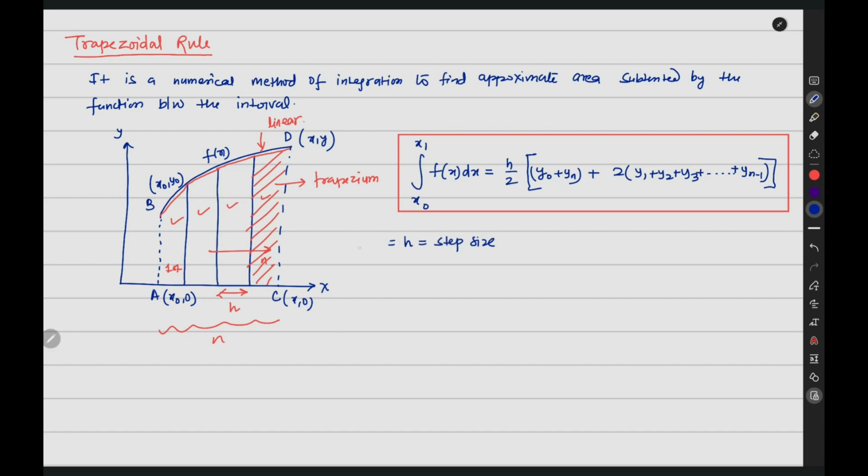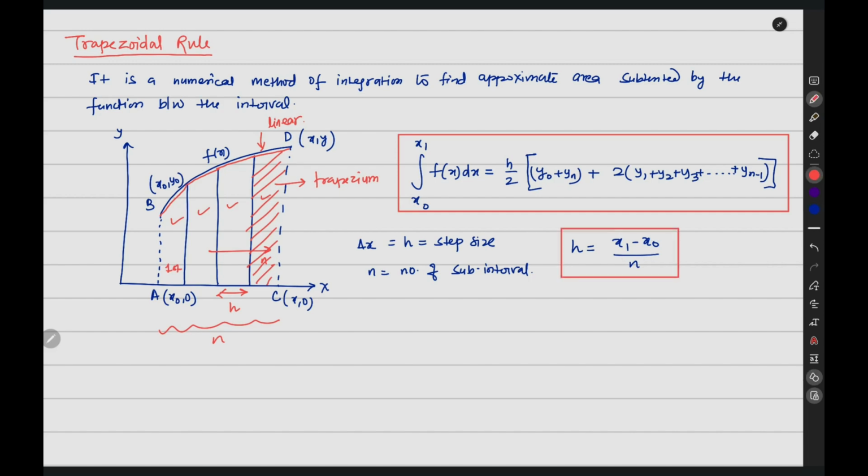Sometimes this is also called delta x. n is the number of subintervals, and the formula to calculate the step size is h equals (xn minus x0) upon n, that is, the upper limit minus the lower limit divided by n.